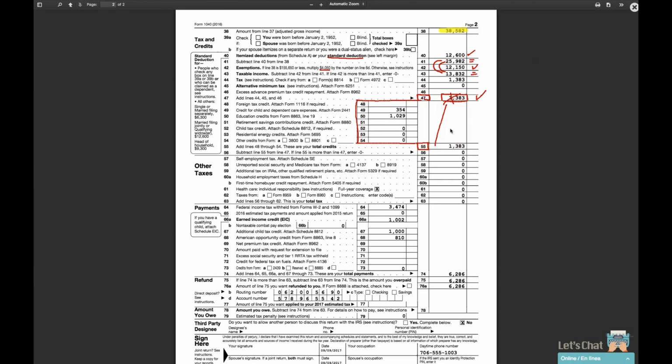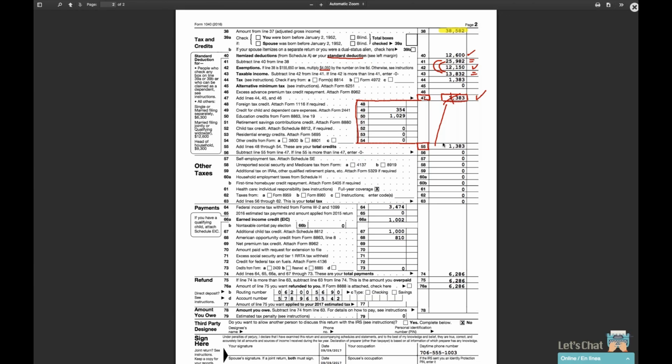Whatever number you have there is going to come and get rid of that. So if line 55 is bigger than line 47, that's good. If line 55 is not bigger than line 47, then more likely you're going to have to take care of those taxes somehow, right? You're still going to have to pay those taxes, or they're going to get adjusted by how much taxes you paid.